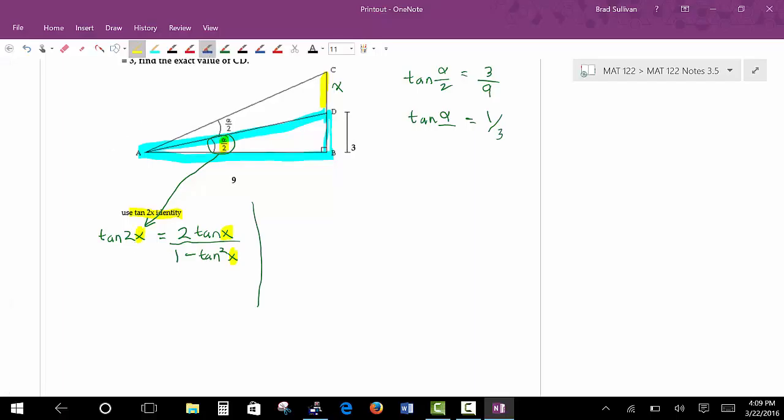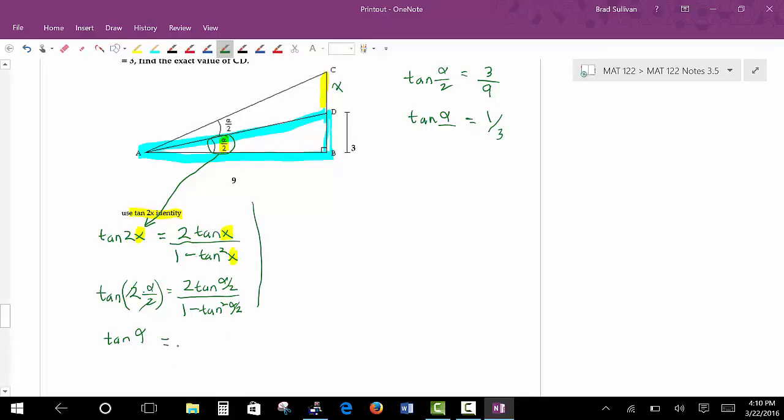And where I'm going with this, I think you'll see, is I have the tangent of twice alpha over 2 is equal to 2 times the tangent of alpha over 2 all over 1 minus tangent squared of alpha over 2. Well, those cross out, so this is going to give you what the tangent of alpha is. So if we can figure out what the tangent of alpha is, then we should be able to find that value of x in the diagram.